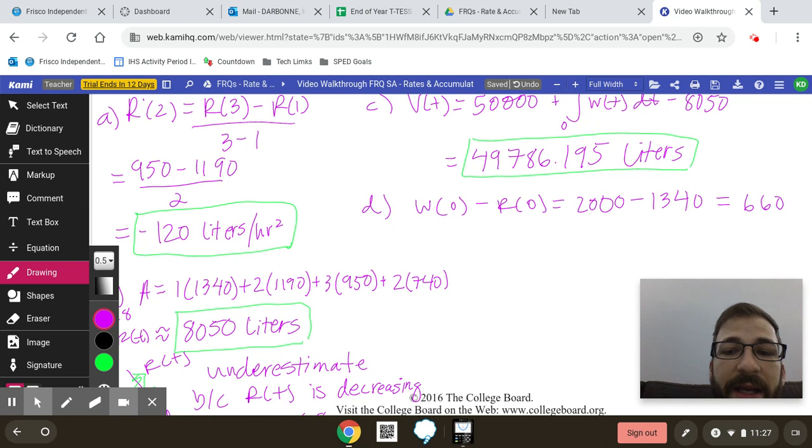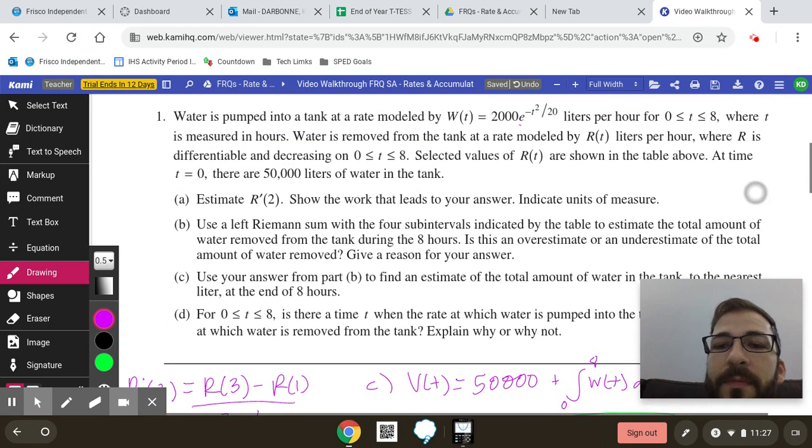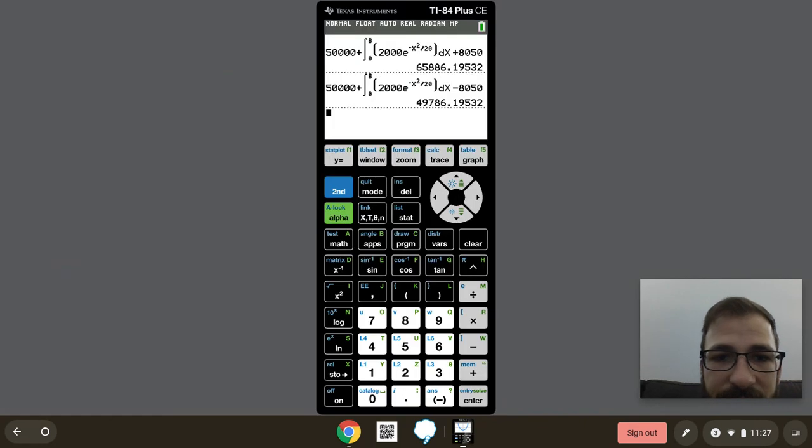Then the other one I want to find is W of 8 minus R of 8. All right, and this one I'm going to have to plug in because I don't know what e to the 8 is. So 2,000 e to the negative 8 squared, I believe. Yep, negative 8 squared divided by 20. Divided by 20, not minus 20. And just to make sure everything's accounted for correctly, let's make sure we put that 8 in some parentheses.